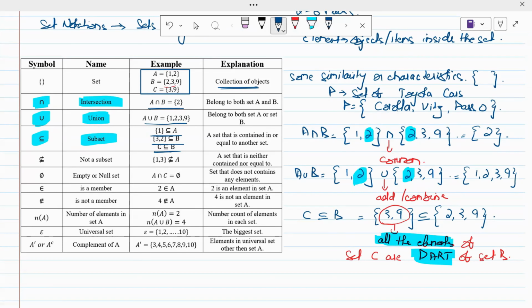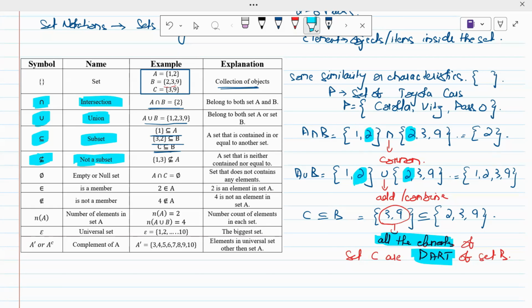On the contrary, we have the next symbol as not a subset. Not a subset means it's the other way around. That means one set is not a subset of another set. For representing not a subset, you have this crossed line applied on the subset symbol.